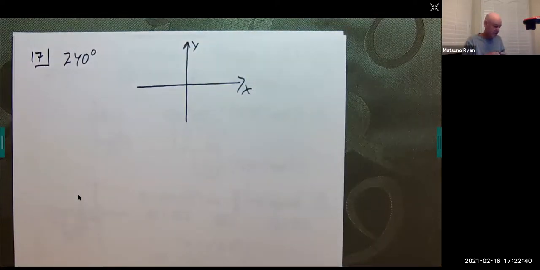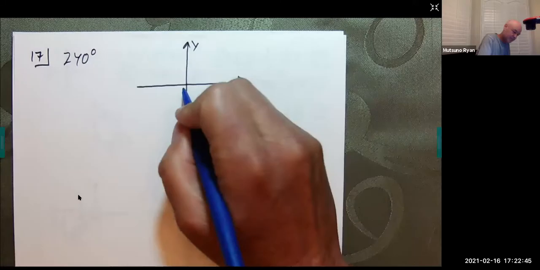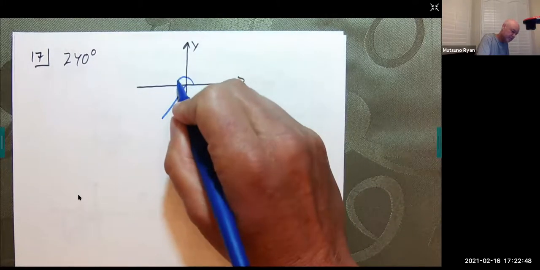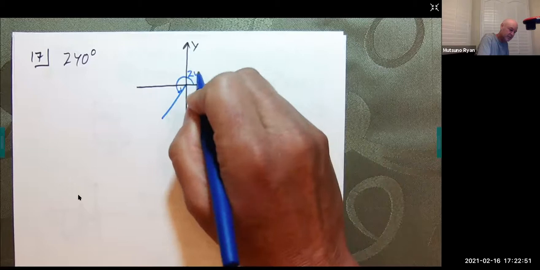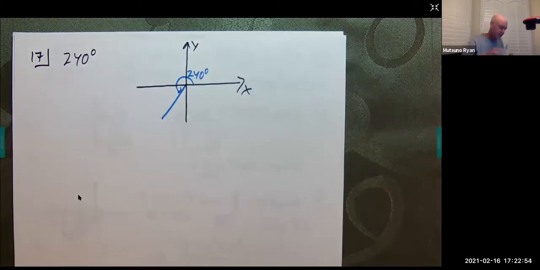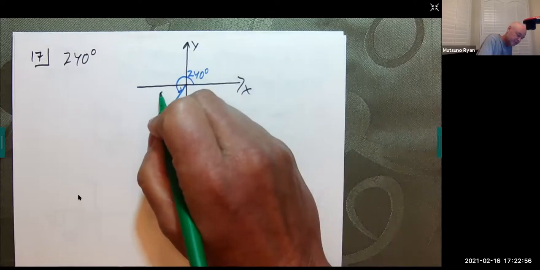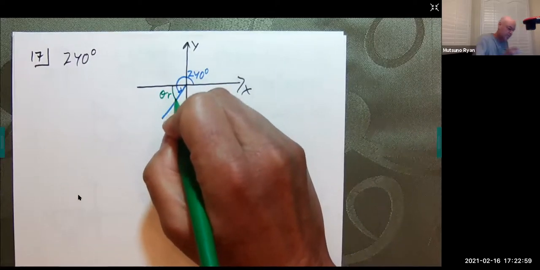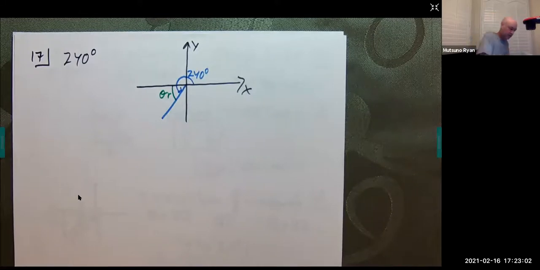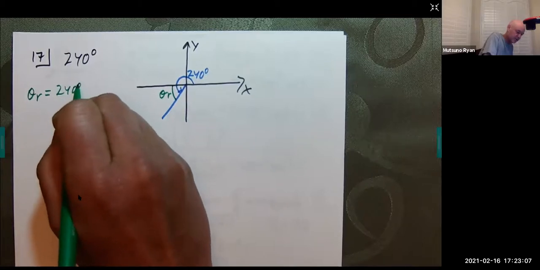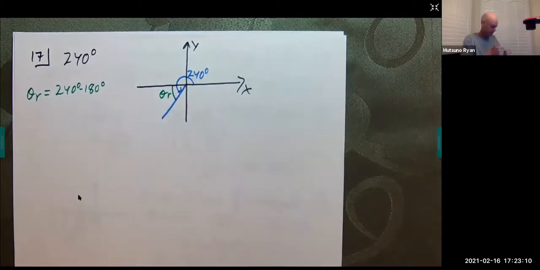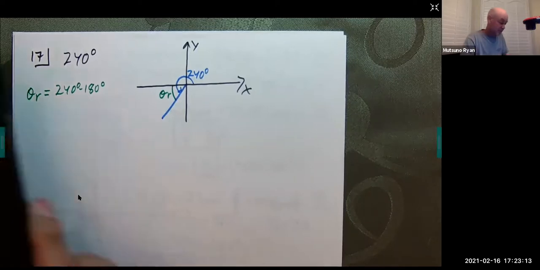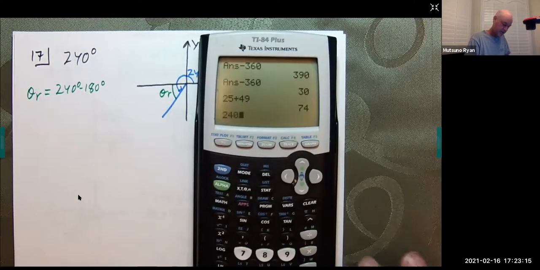240 degrees is in quadrant 3, down here. However, its reference angle, it looks like I'm going to go 240 degrees minus 180 degrees to get the reference angle, which I believe is 60. 240 minus 180, 60 degrees.